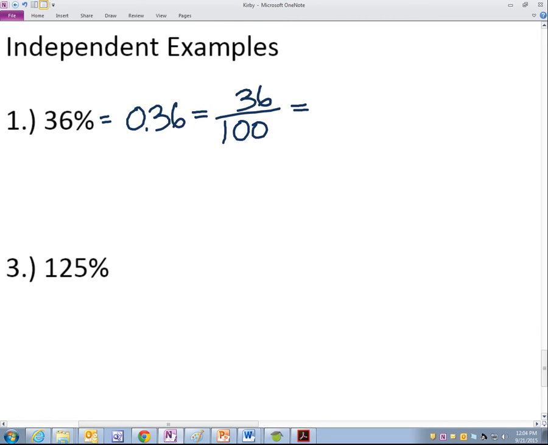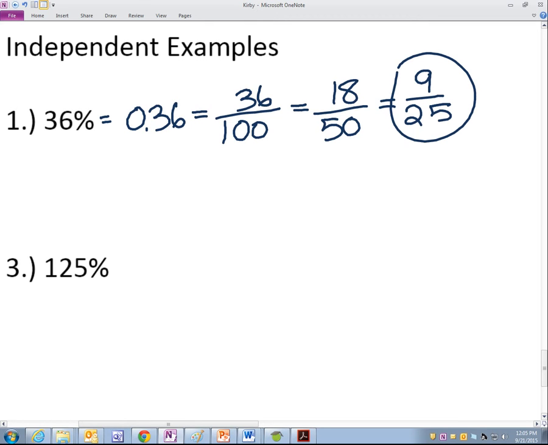What's the most obvious thing that 36 and 100 go into? 2. So I'm going to reduce it by 2. What would that be? 18 over 50. We have even numbers again, so what can it reduce to? Good. Reduce it by 2 again, 9 over 25, and those two don't have any common factors, so that's the correct answer for that one.